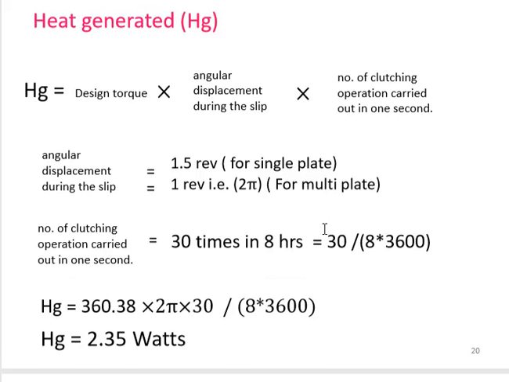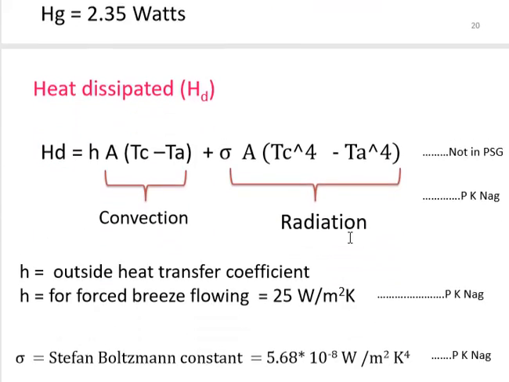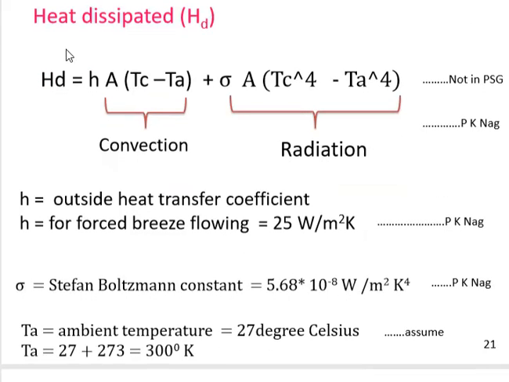After calculating the heat generated, we would also like to find out how much heat is dissipated. Now heat dissipated is given by this formula, which is available in the book. We know what H is, that is the outside heat transfer coefficient or forced breeze flowing coefficient.